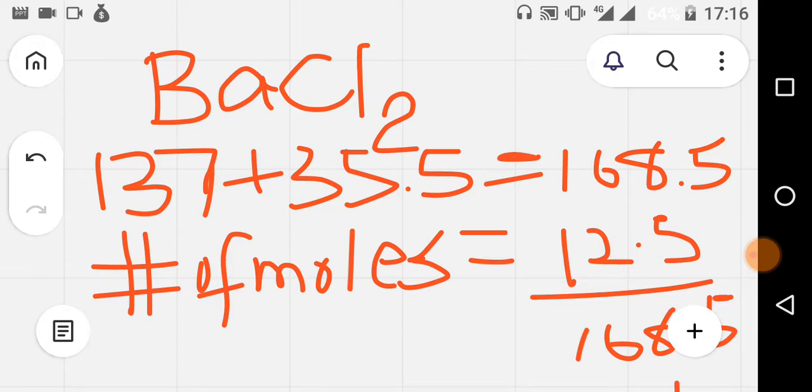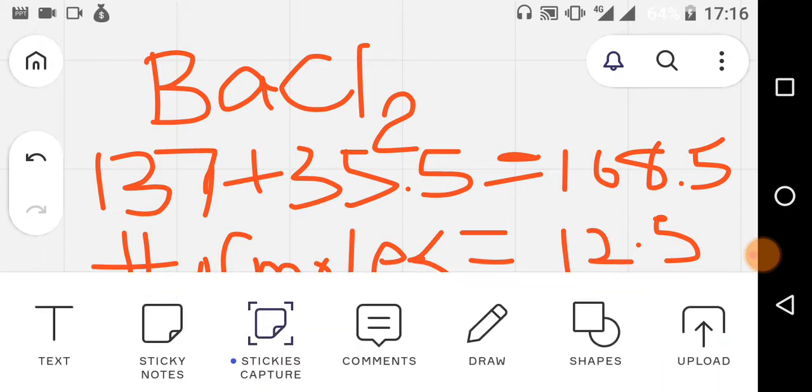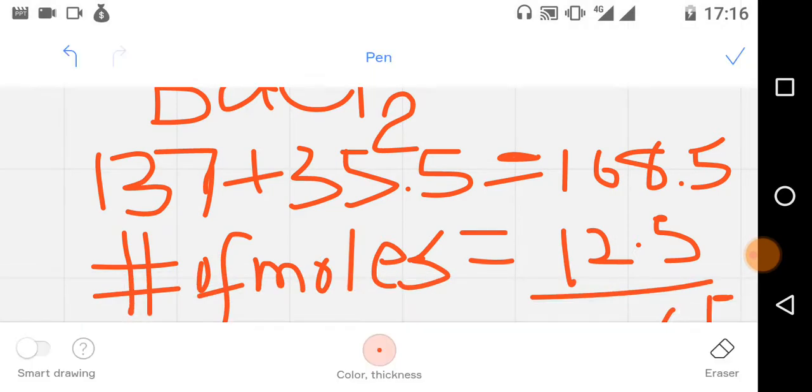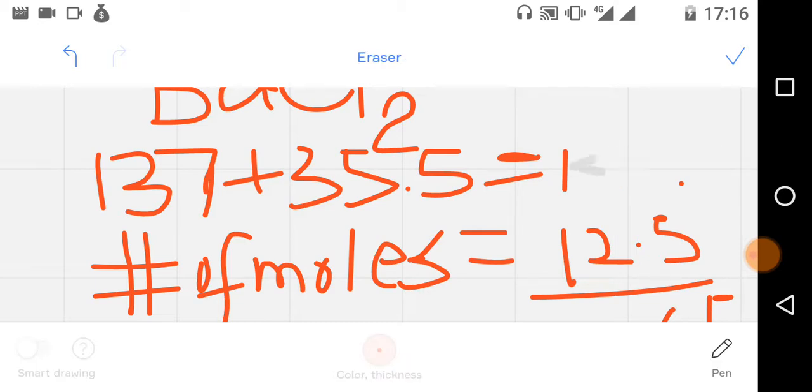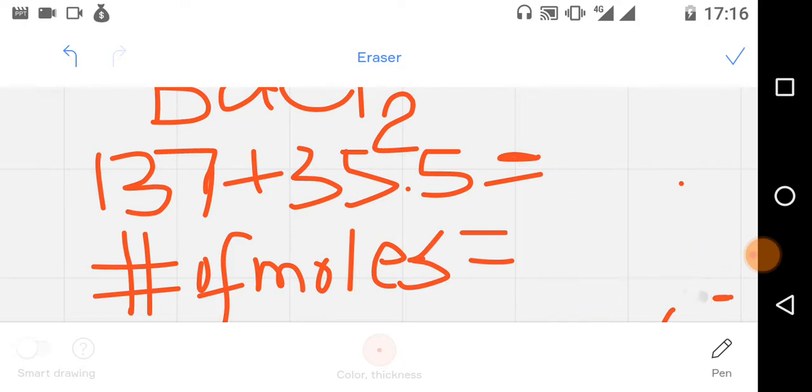Chlorine is in group 7. All right. So because of two chlorine atoms, we have to multiply the 35.5 by 2.